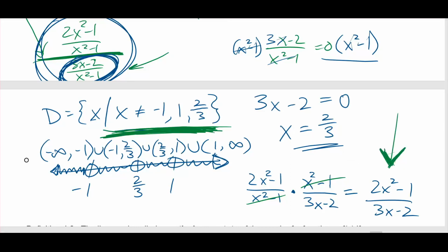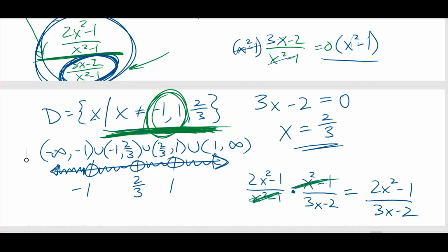So there's a problem here, right? And I hope we see it. These two numbers are perfectly fine to put in here, right? I can put a -1 in for x here, and I can put a 1 in for x here. And we can point to the part that made this happen and caused our concern. And it was right here where we canceled that 0 out, right?